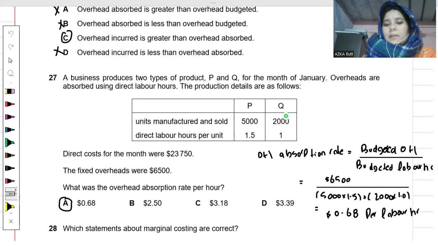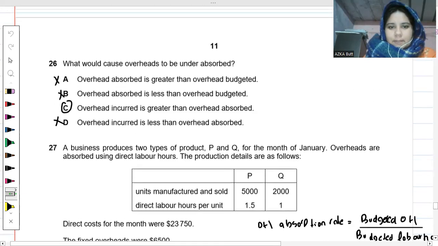After that, we also multiply 2,000 by 1, which is equal to 2,000. And after that, we have to divide. Lastly, if you have the calculator in your hand, you can calculate it very easily. So we have $0.68 per labor hour for making these products.